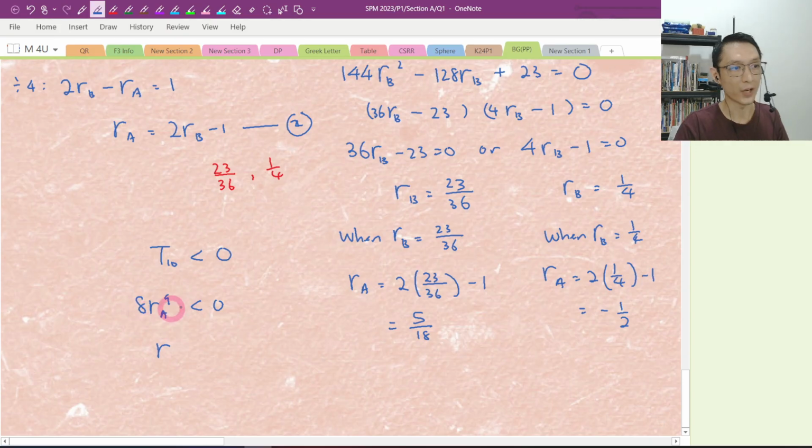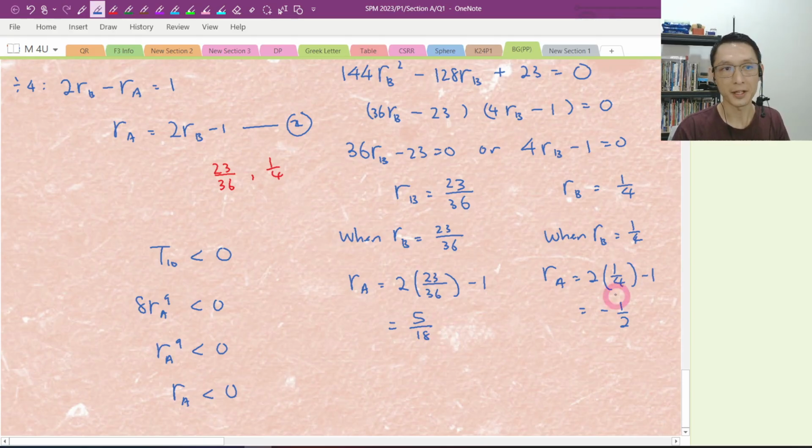So divide both sides. So r to the power 9 is less than 0, and r is actually less than 0, right? So we know that we want the common ratio for geometric progression A to be less than 0.